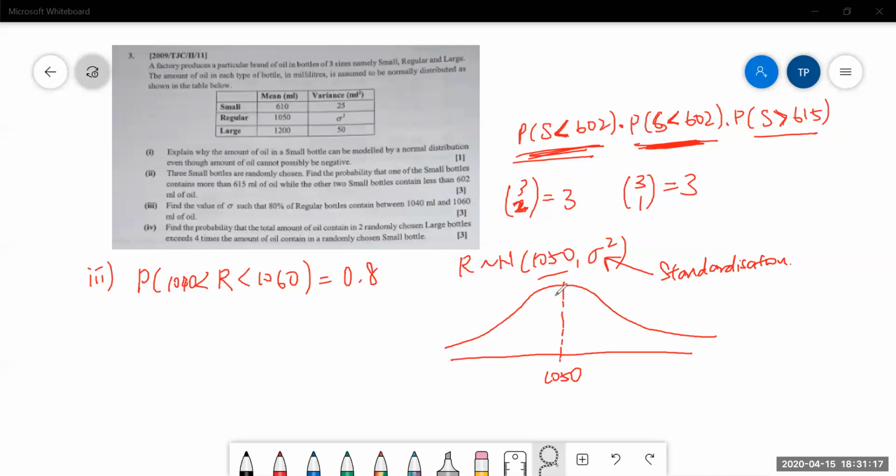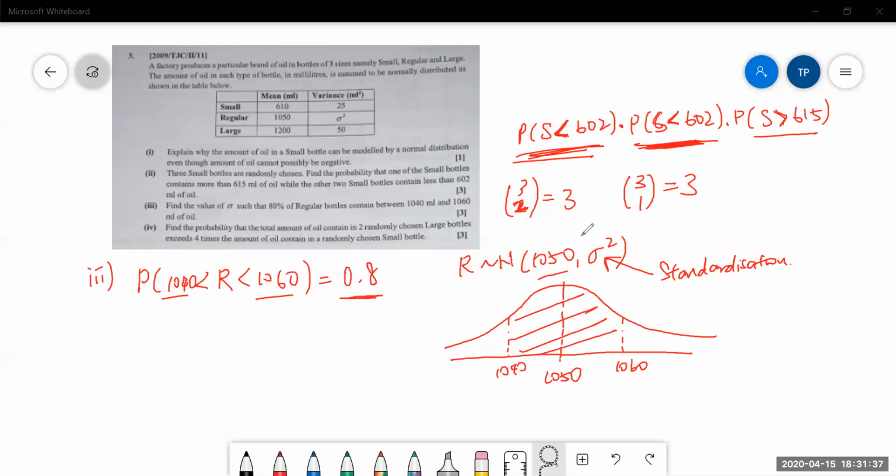Okay. So we take a look here first. Before we even proceed with standardization, they say between 1040 and 1060, the probability is 80%. The probability is 80%, this whole chunk here.